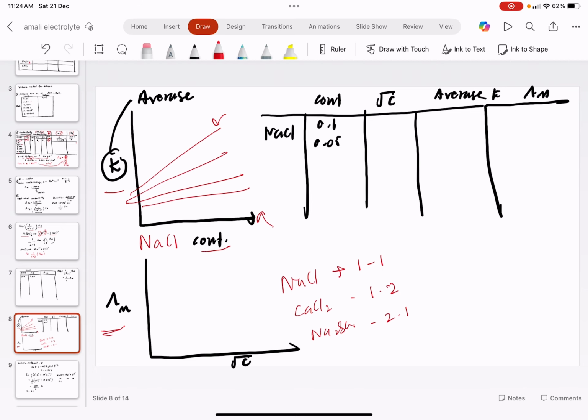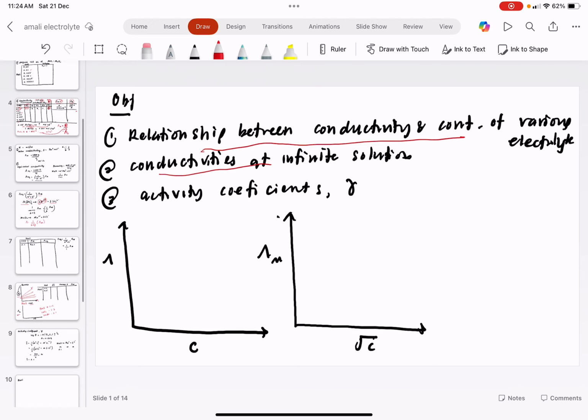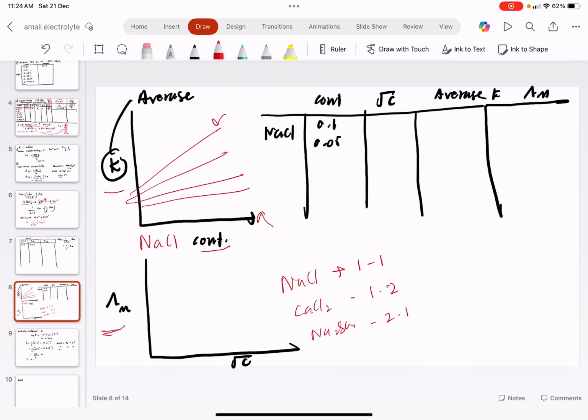Now, if you look at the objective, this would be the relationship. And how about the conductivity at infinite dilution? You can determine it from this table. If you look at the equation, we have Λm minus the constant times the square root of C, which is like y equals mx plus c, so basically the slope.